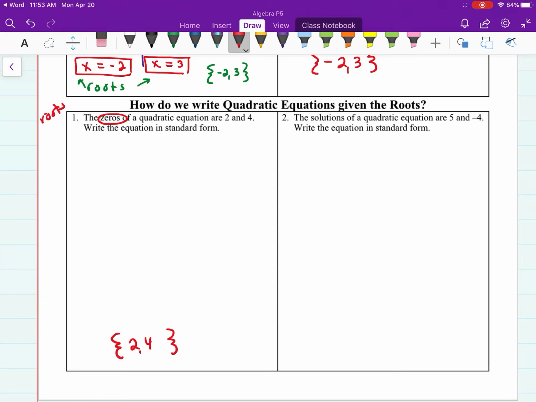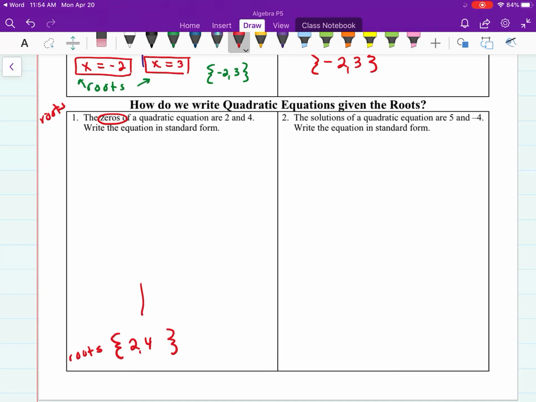To make that quadratic equation, I need to work backwards. So how would I have gotten the roots of 2 and 4? Well, those roots came out of factors.